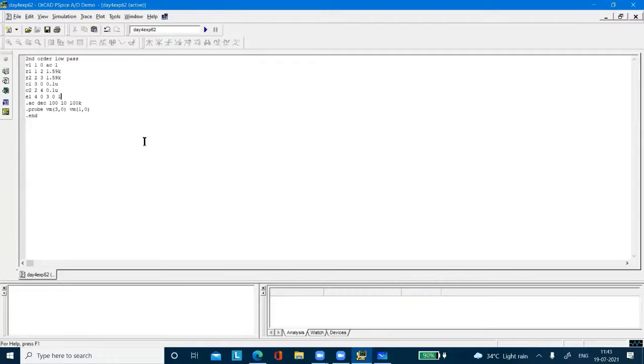If we consider Butterworth filter, it is 1.586. AC decade, number of points 100, starting from 10. I'm considering starting frequency 10, you can take any other frequency. You may take 1 also. Remember, don't take 0 here, it may give some errors.